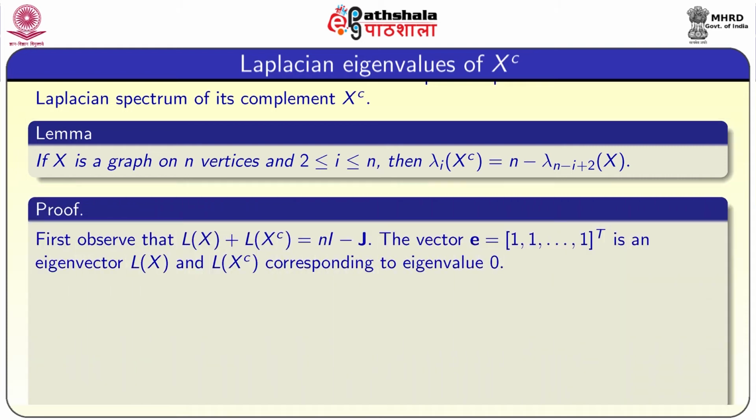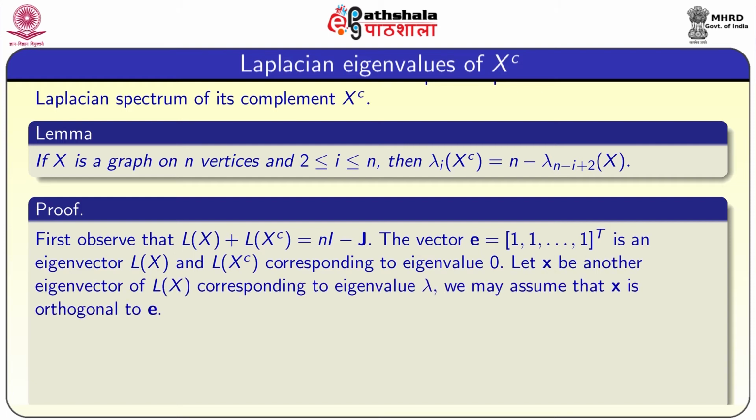The proof is easy. First we observe that L(X), the Laplacian matrix of X, plus the Laplacian matrix of X complement is equal to nI minus J, where J is a matrix of all ones. Further, the vector e equal to all ones is an eigenvector for both L(X) as well as L(X complement) corresponding to eigenvalue 0. Let x be any other eigenvector of L(X) corresponding to eigenvalue lambda.